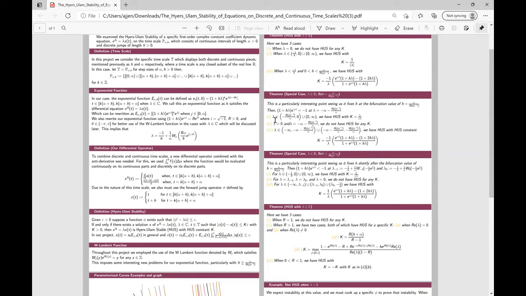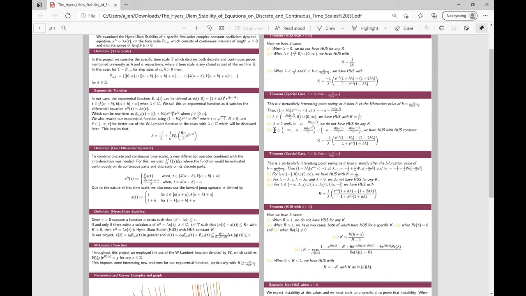Now, if we take our lambda and observe it from the negative W Lambert function at e to the 1 over alpha minus 0, and to infinity, excluding 0, we find that we have Hyers-Ulam stability with that same constant as in case 2 above, which was to be expected.